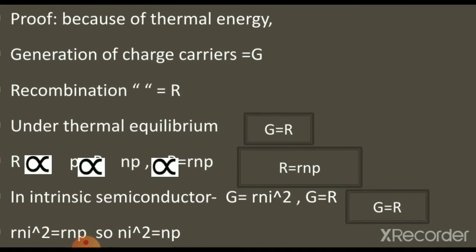Small r is the proportionality constant, and in intrinsic semiconductor G is equal to r ni square, where ni is intrinsic carrier concentration. Therefore capital G is equal to capital R, since in thermal equilibrium capital G is equal to capital R.